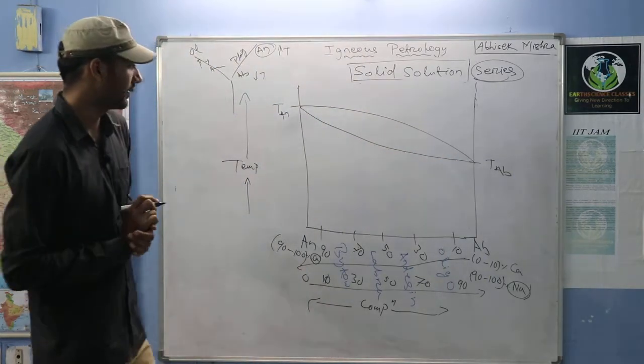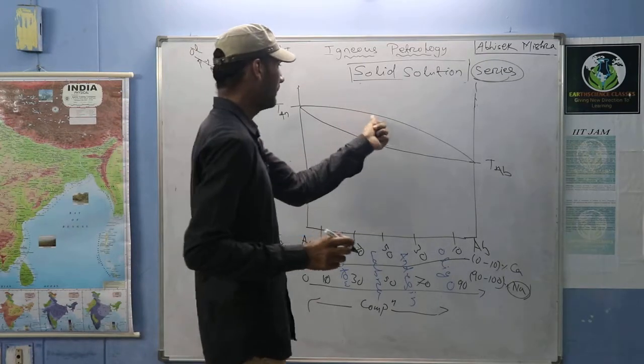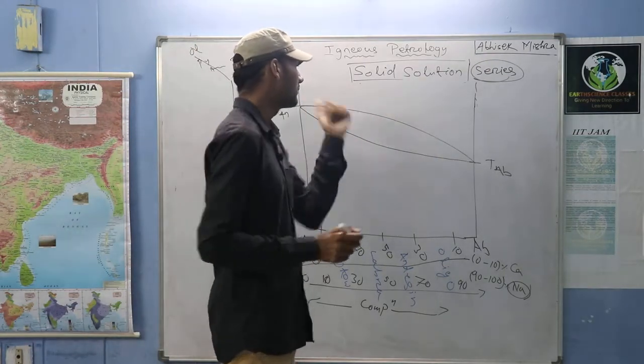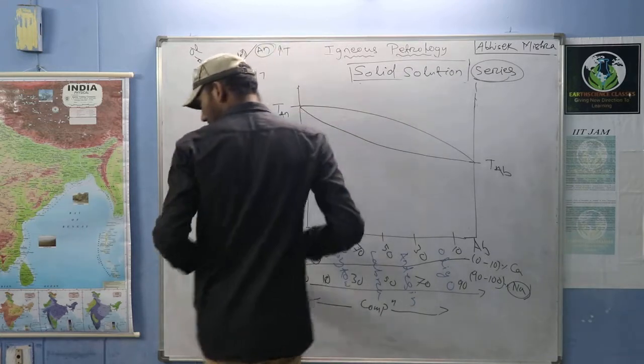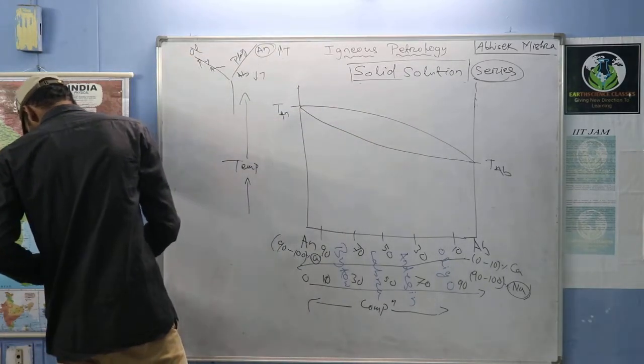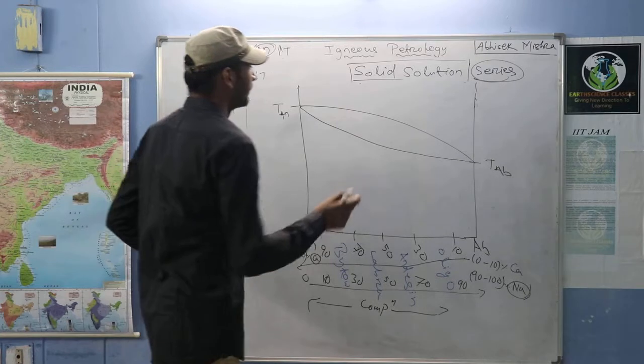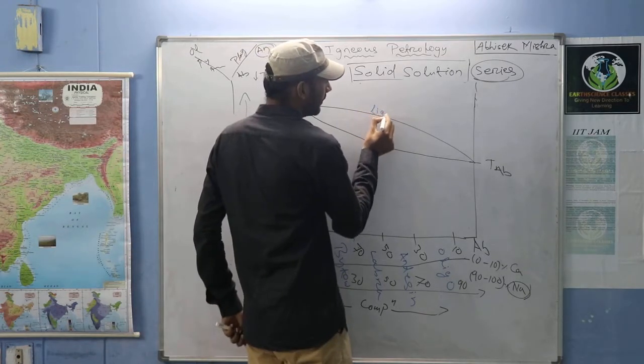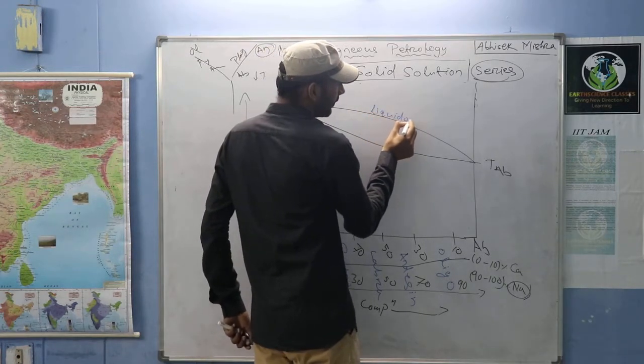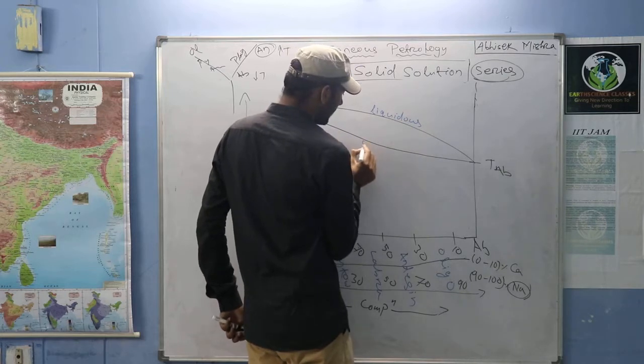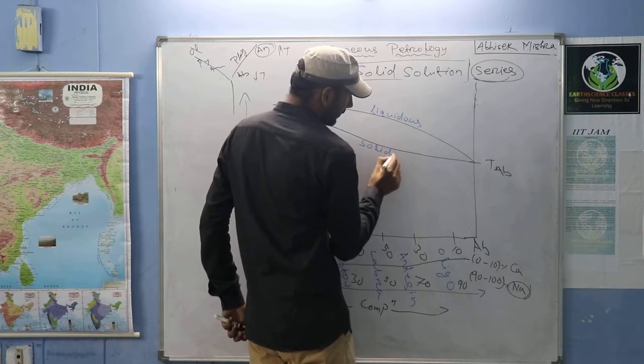Okay, the upper boundary is known as liquidus. Lower boundary is known as solidus.